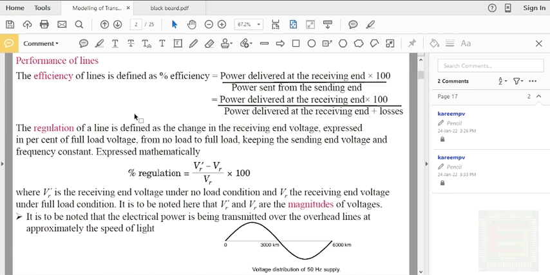So the ratio between the output power and the input power will give the efficiency. Similar is the case with the transmission line also. The efficiency of a transmission line is defined as percentage efficiency, which is given by the power delivered at the receiving end divided by the power sent from the sending end, into 100, if you are representing that in terms of a percentage.